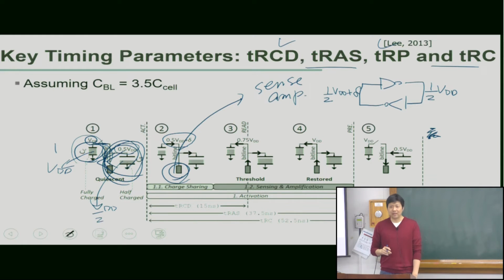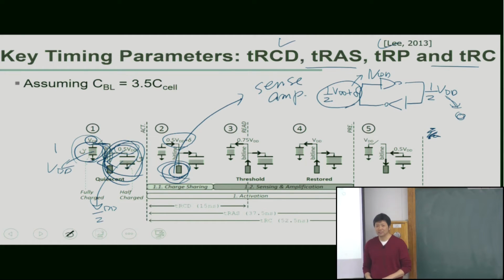Then what's going to happen after a little bit of delay? Because this one is a little bit closer to 1, this one now will become more 1, and this one will become more 0. So if you circulate this loop for a long time, eventually this one will go to 0 and this one will go to VDD. Okay? That's what this sense amplifier does. 무슨 얘기인지 아시겠죠?